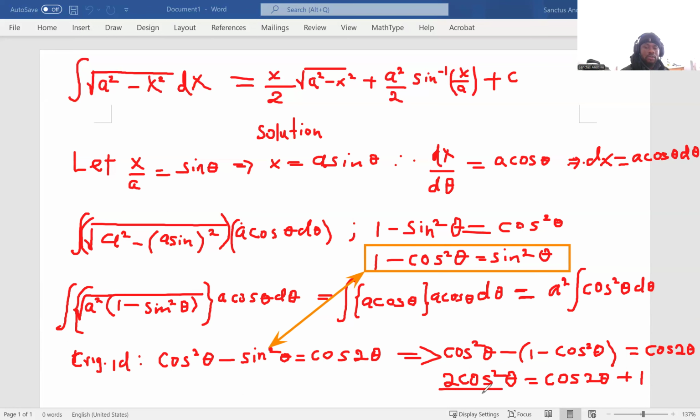Okay, so we can divide both sides by 2. So this cancels that. We now say this is equal to cos square theta. So right now we are going to substitute this into this.